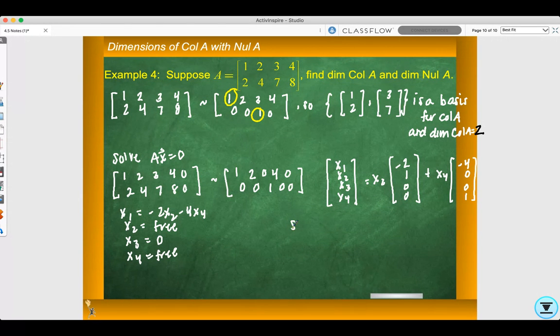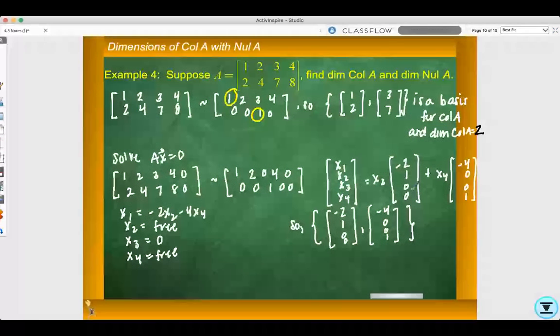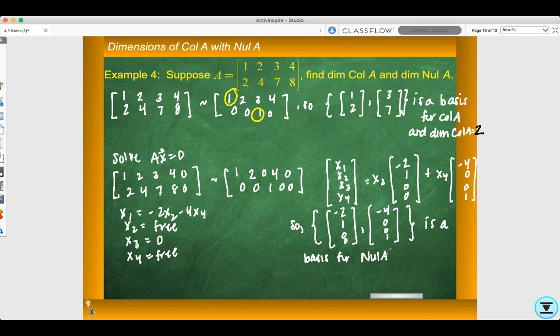So (negative 2, 1, 0, 0) and (negative 4, 0, 0, 1) is a basis for Null A. And the dimension of Null A is 2.